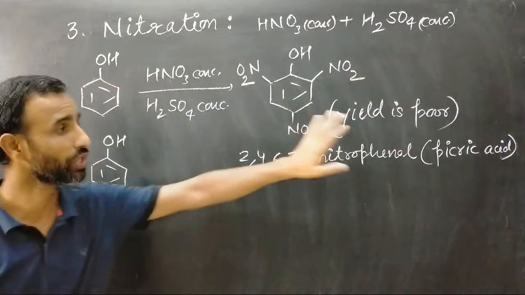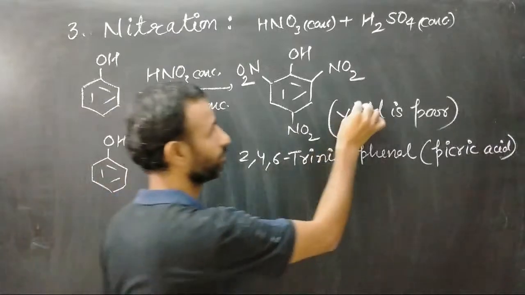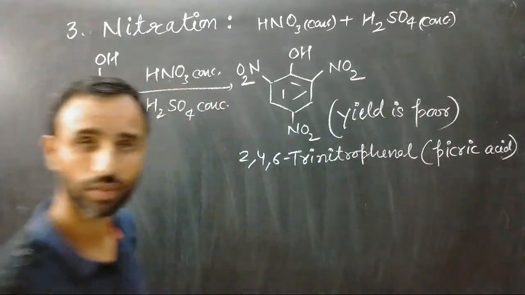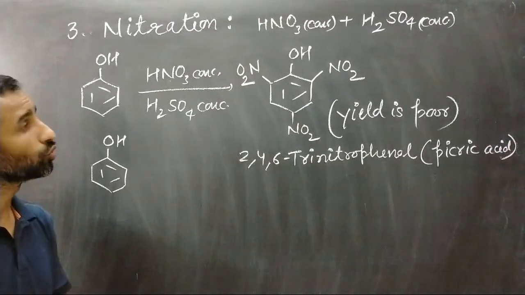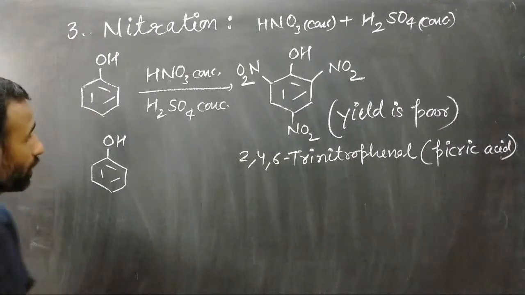Okay, but its yield is poor, right? As its yield is poor, to increase its yield, what do we do?